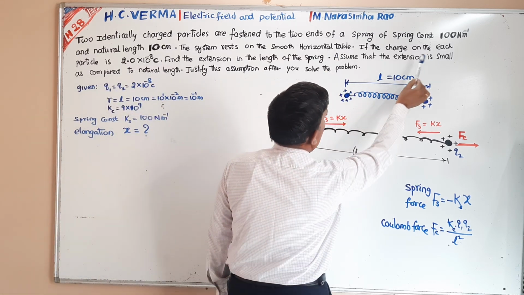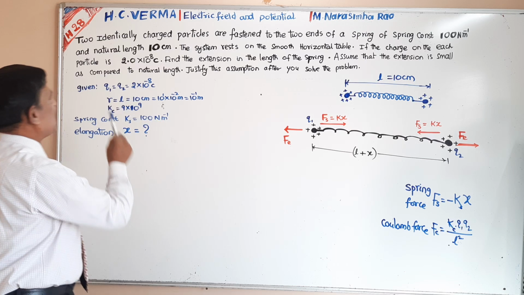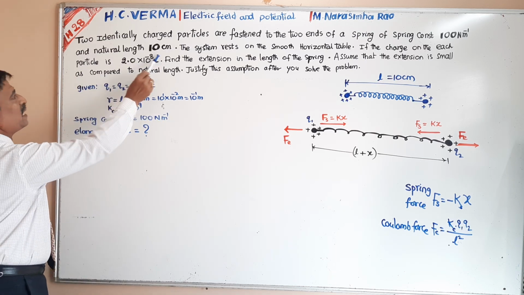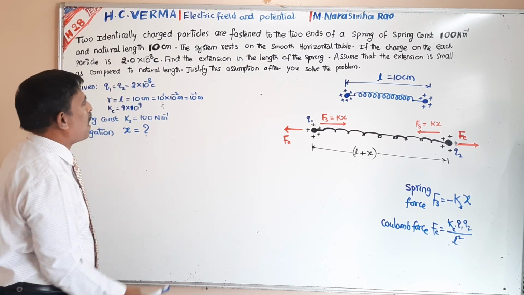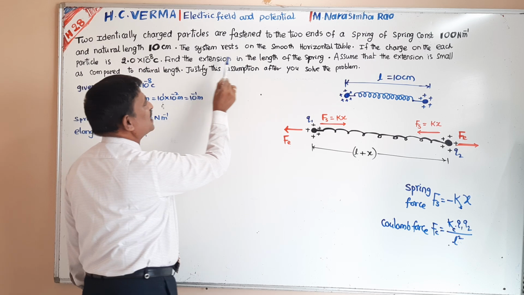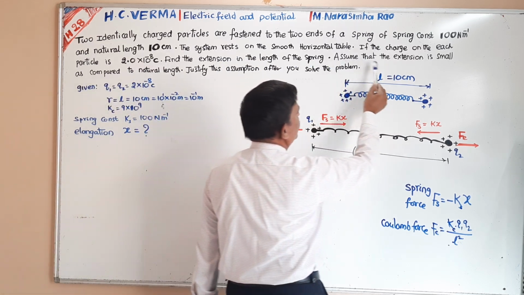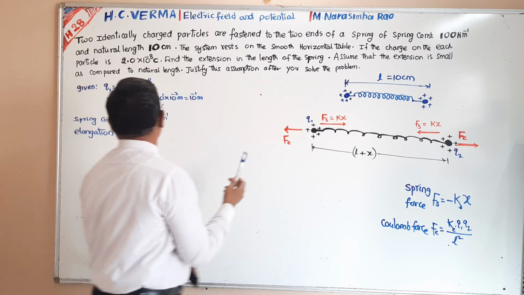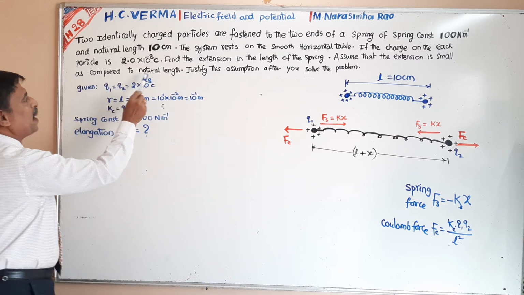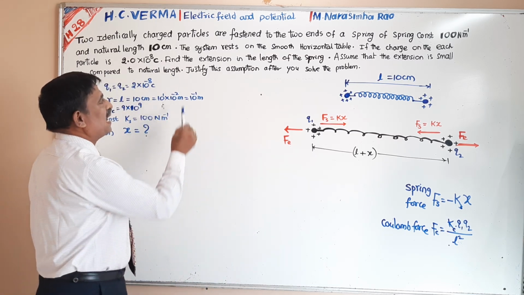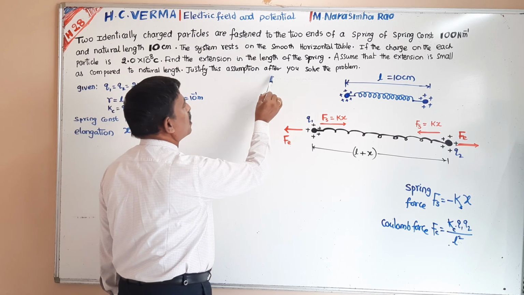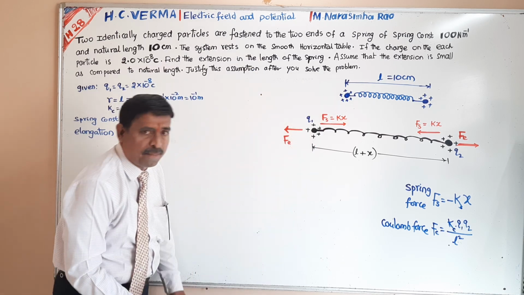If the charge on each particle is 2 × 10^-8 coulomb, find the extension in the length of the spring. Assume that the extension is small as compared to the natural length. Justify this assumption after you solve the problem.